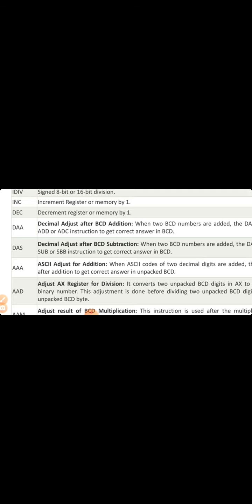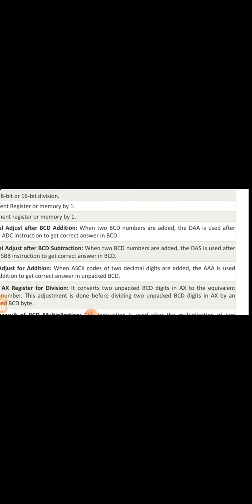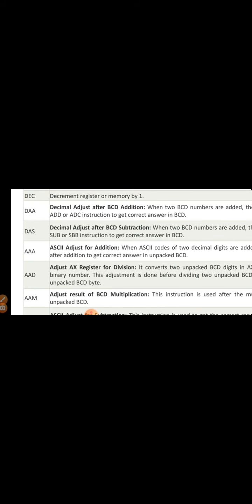Here we use DAS after the SUB or SBB instruction to get the correct answer in BCD. Okay, both methods are used to perform BCD number operations, addition or subtraction.